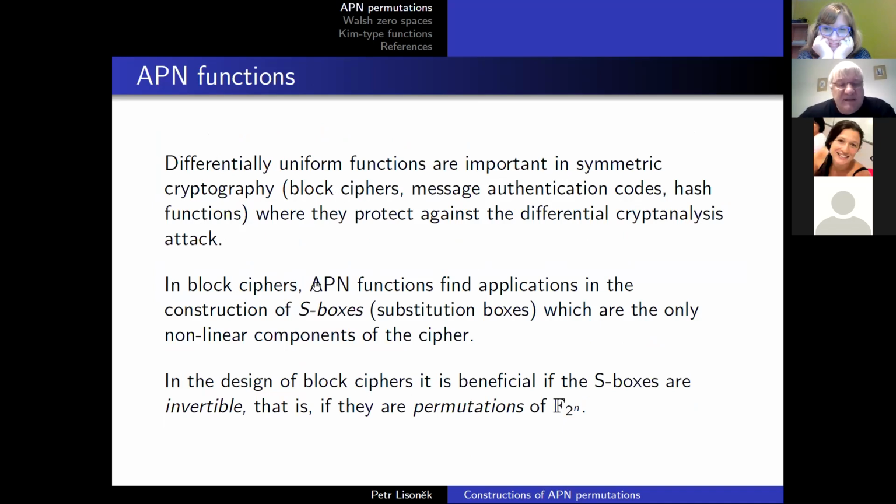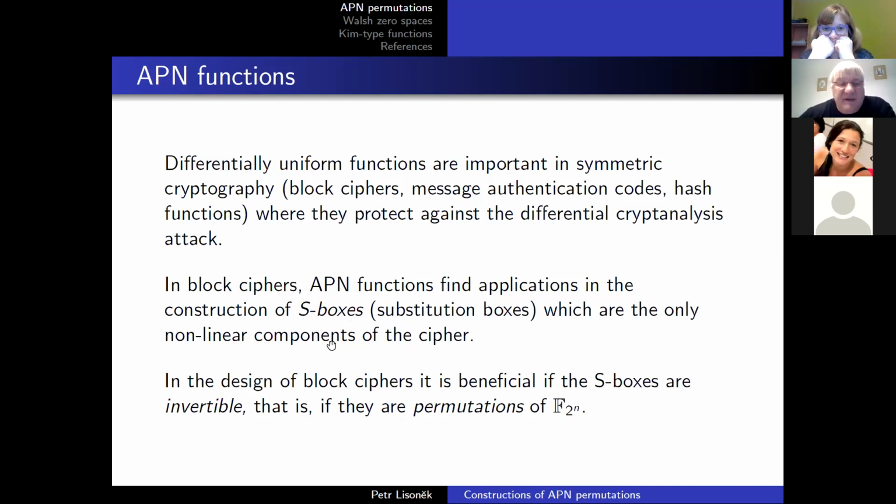Now, in certain designs of block ciphers, which are called substitution permutation networks, it is important that the function is not only APN or has low differential uniformity, but that the function is also a permutation. There is an S box inside the block cipher. It's a key component of the block cipher. It is the only non-linear component of the cipher.